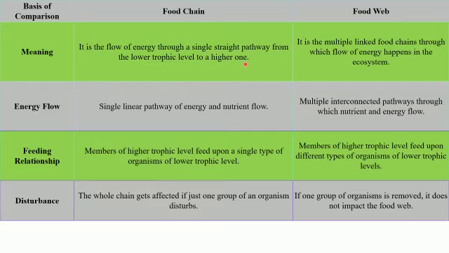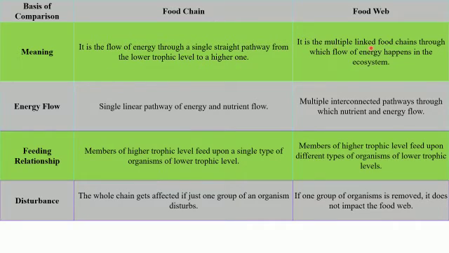So that is how the trophic level went on increasing from the lowermost, that is a grasshopper, to the highest one, that is the eagle. And at every level we had just one animal. So it's a straight pathway from lower trophic level to higher one.